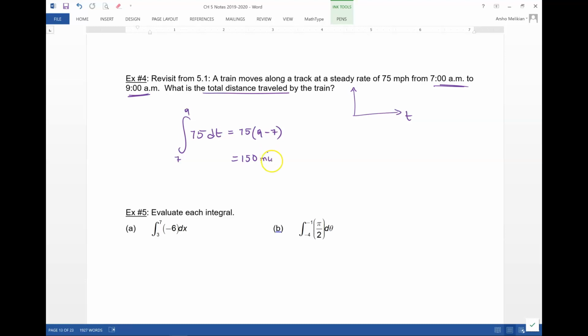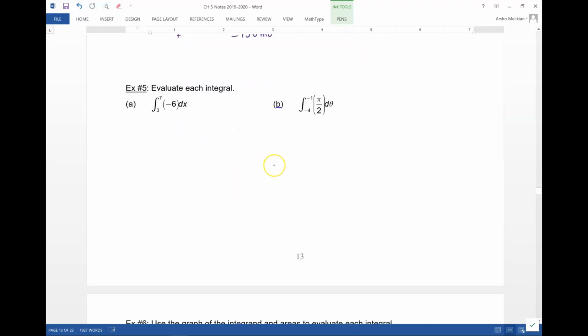Okay. So let's evaluate these very quickly. We have a constant. So it's -6. I'll do it here. -6 times 7 minus 3. That's -24. Oh my, I have a pi and stuff.